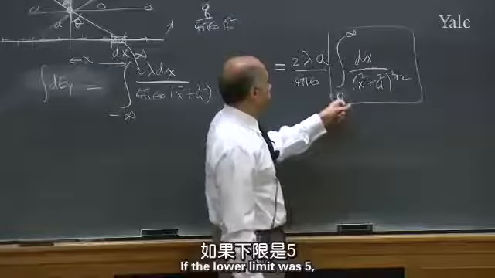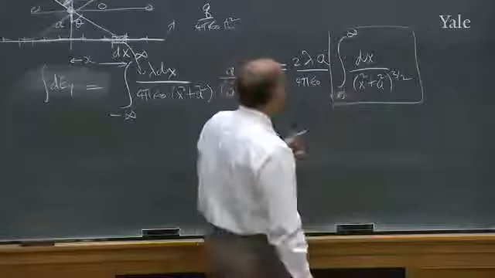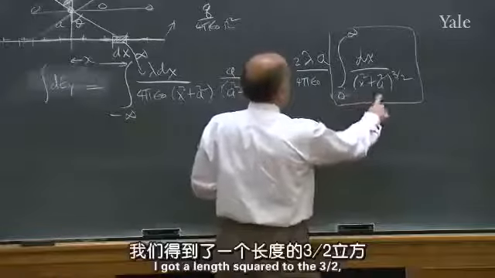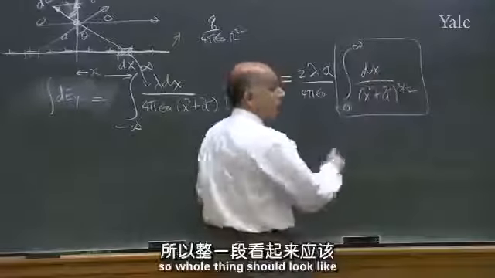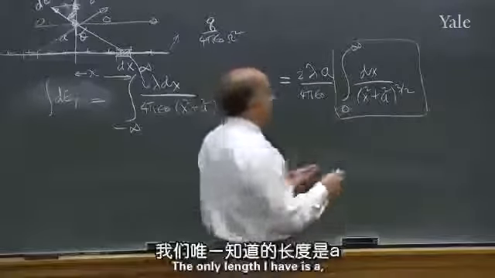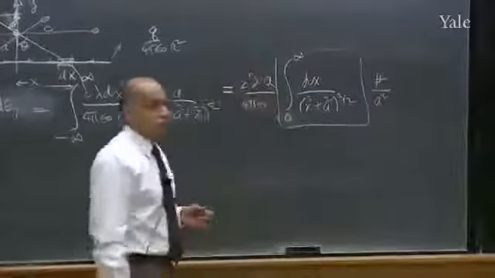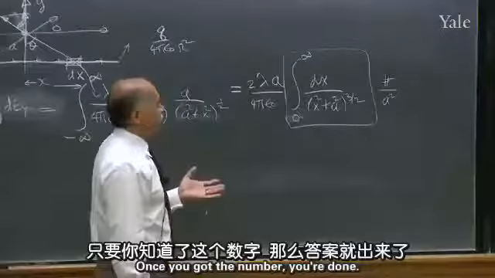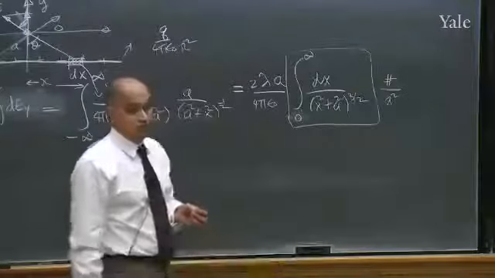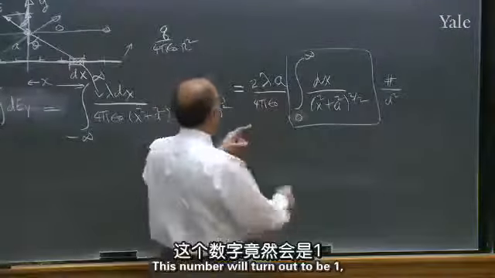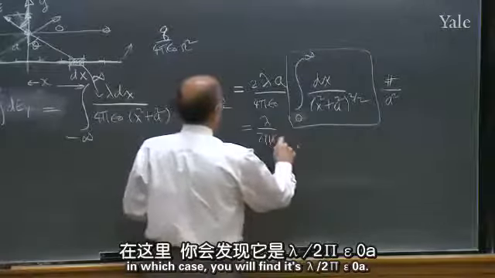If the lower limit is 5, it can depend on 5, but it doesn't depend on any other thing other than A. Then from dimensional analysis, I got a length squared to the 3 over 2, that's length cubed, and a length on the top, so the whole thing should look like something over length squared. The only length I have is A, so it's going to look like 1 over A squared times a number. Once you got the number, you're done. So I'm going to do all the work now to show you that the number is actually just 1. This number will turn out to be 1, in which case you will find it's lambda over 2 pi epsilon 0 A.